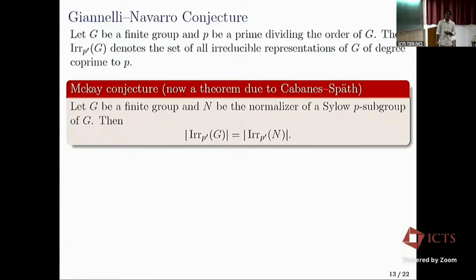But the story is not over. Now we have something called the Picky conjecture, made by Rizzo and Morito, which generalizes the McKay conjecture very much.